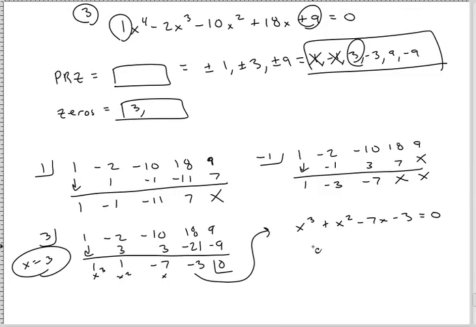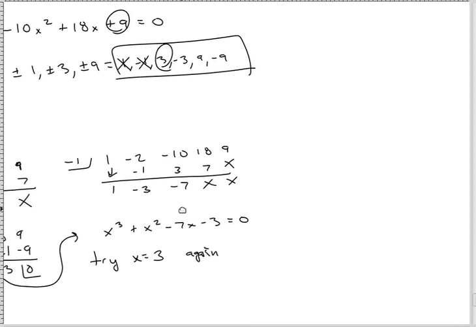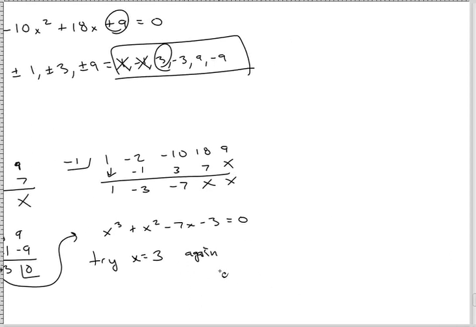I'm going to keep going down my list and see if there's anything else. But my list is kind of short here. And I could make it dramatic for you, but rather I just tell you the proper way the first time. Is that you should try the x equals 3 again. Okay? Now, in the whole big scheme of things, it's probably not going to work. I honestly don't know what the answer is going to be, but I'm going to try the x equals 3 again, just in case you have a multiplicity.